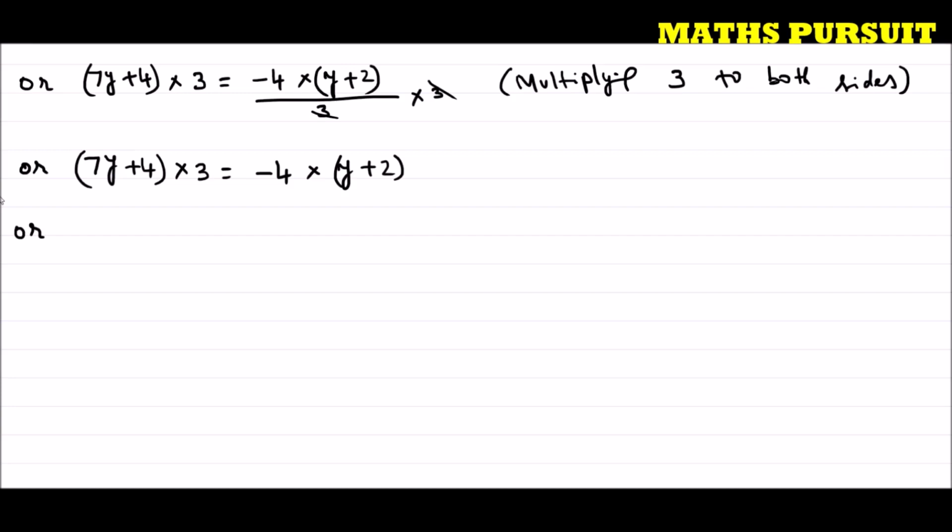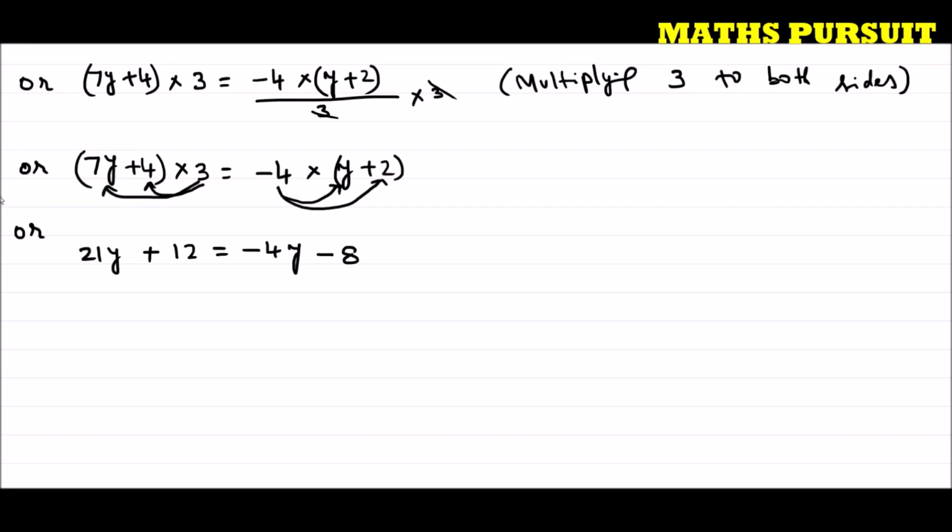Now let us multiply this 3 with 7 and again this 3 with 4. Similarly, let us multiply minus 4 with y and minus 4 with 2. So I can write now, 7y into 3, that is 21y, plus 12 is equal to minus 4y. Minus 4 into y is minus 4y. Minus 4 into 2 is minus 8.